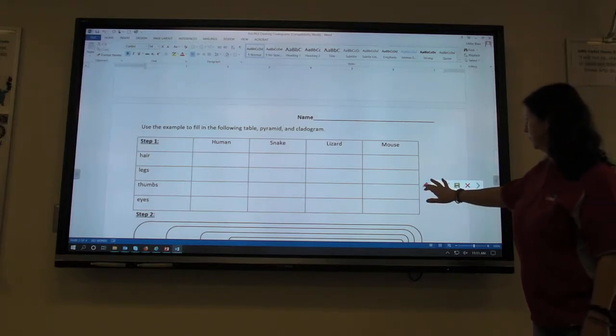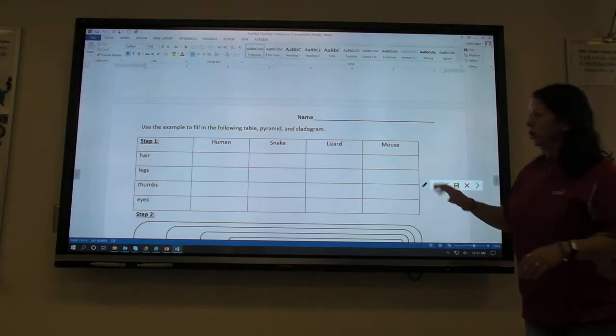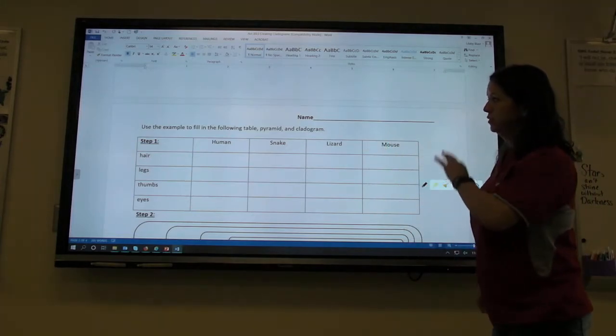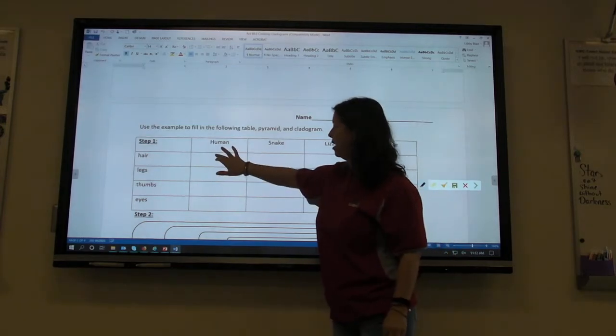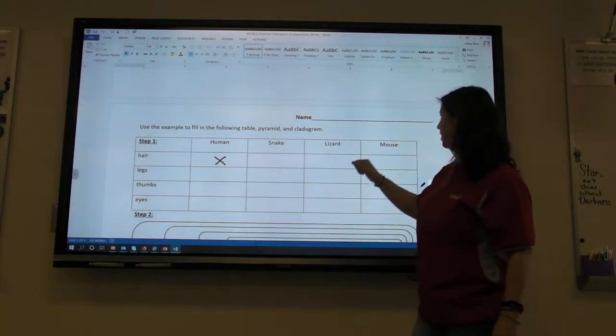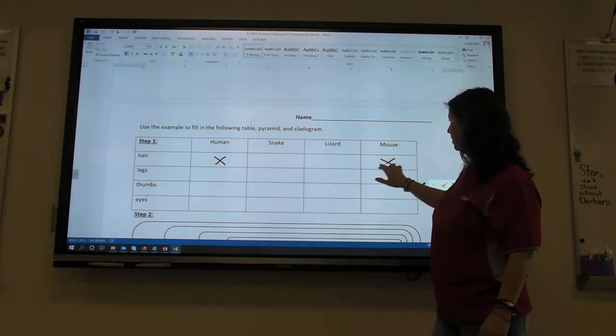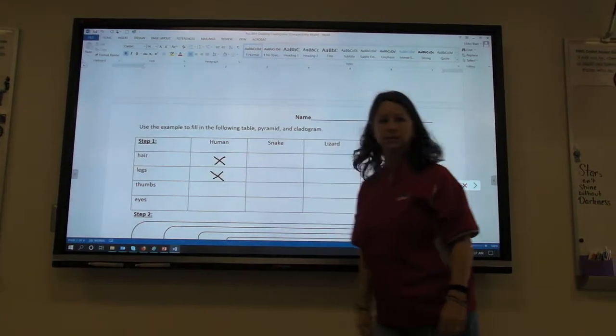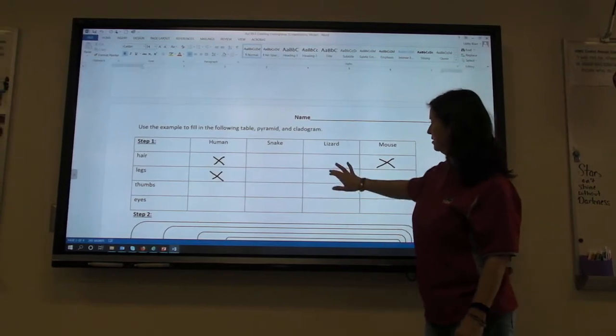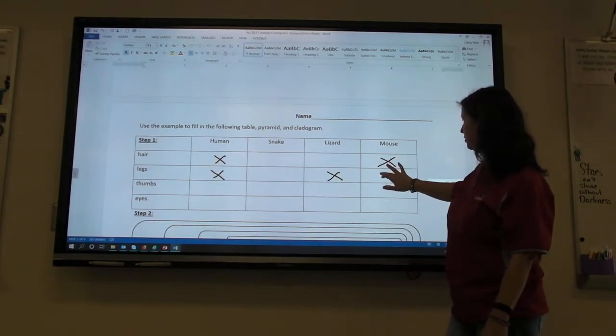All right, good. So you look at your organisms and you put an X or a check where they belong. Does a human have hair? Yes. Snake does not, lizard does not, mouse does. Does a human have legs? Yes. Does a snake? No. Does a lizard? Yes. Does a mouse?